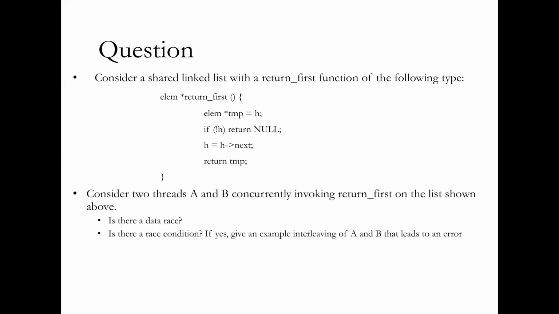That's the same memory location. We're going to write to the head location, and we're going to point to the next element. So there's clearly a data race here. Maybe there are some other examples you can make, but there's clearly a data race here. So what about race condition?